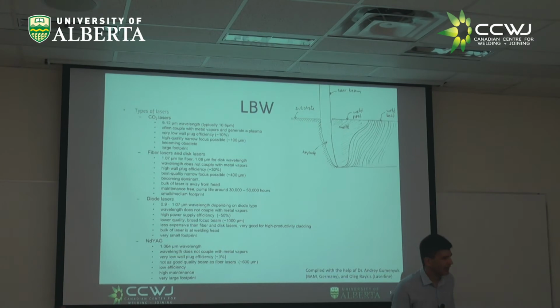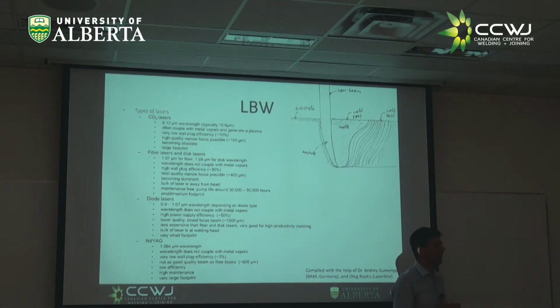Because a laser is light, it has a wavelength. Lasers are monochromatic, so they have one wavelength, or a narrow distribution of wavelengths. The main difference between CO2 and all the other lasers used in welding is that CO2 has a wavelength of more or less 10 microns, and the other ones are more or less 1 micron.